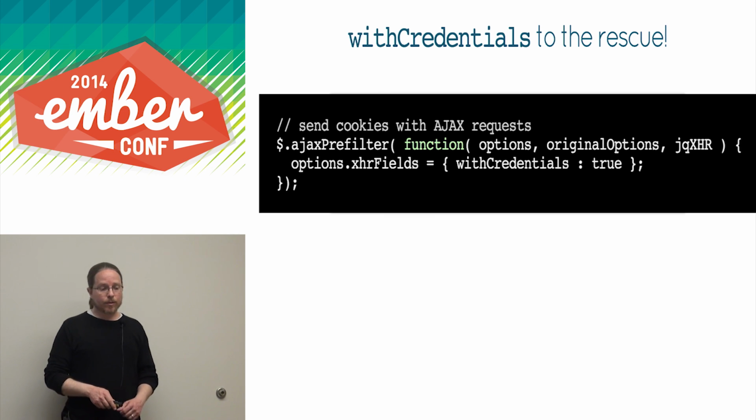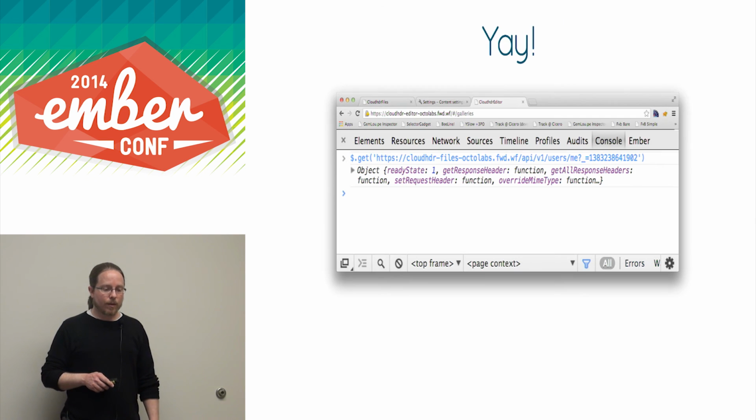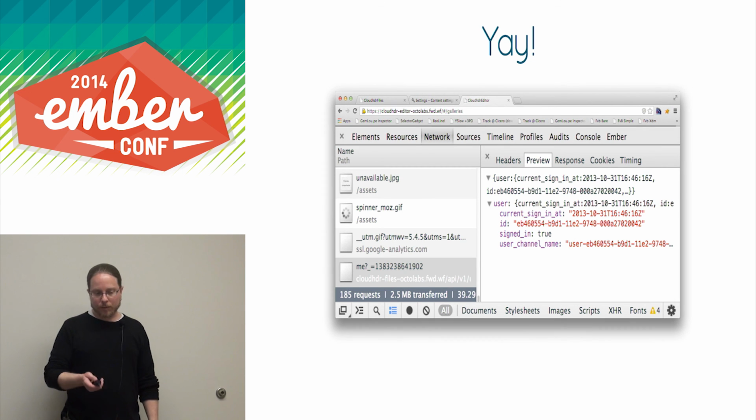And what this does is just immediately prior to the request leaving the browser, the withCredentials option is set to true on the XHR object. It's very simple, but once you do that, it allows things to work. You see in the console that the request was made and then it came back, and in the network tab you'll see that it worked and you can inspect the response.